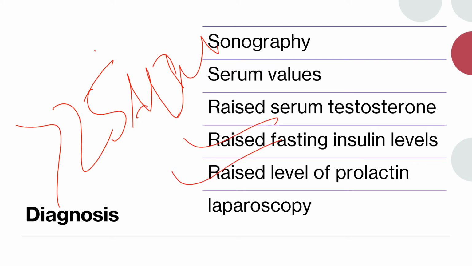Obviously, there will be a raised level of prolactin. And laparoscopy: bilateral polycystic ovaries we can find out through laparoscopy.